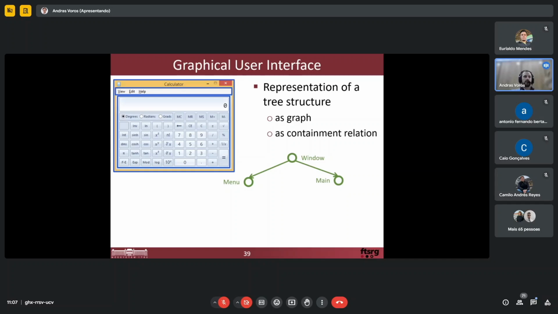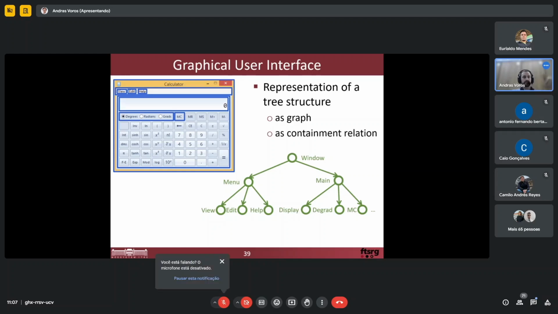And in the window, I have the menu on the top, and I have the main window, you can see. And inside the menu, I have this view, edit, and help parts. And in the main, I have the display. There is this DegRad part that will contain these degrees, radians, gradients.